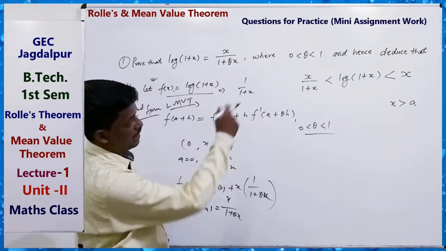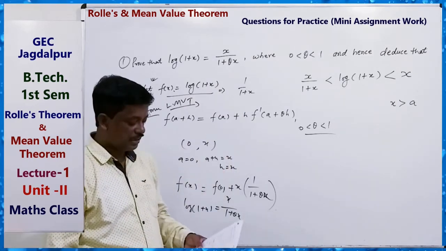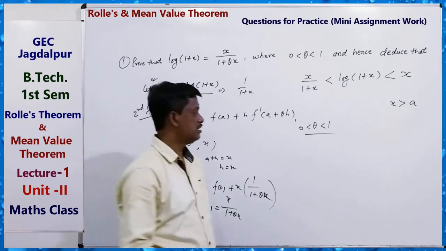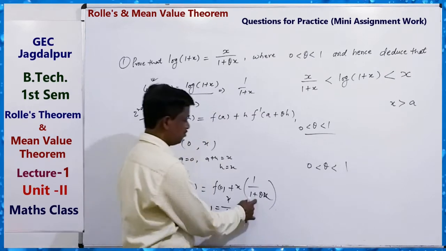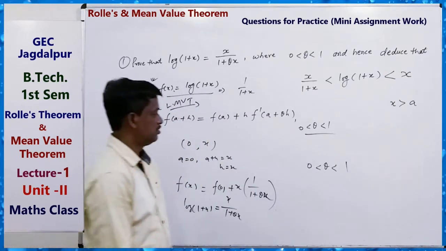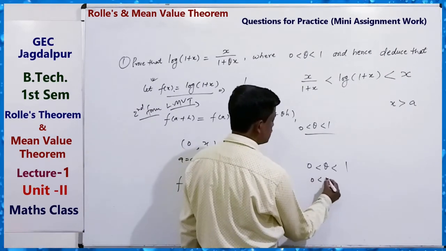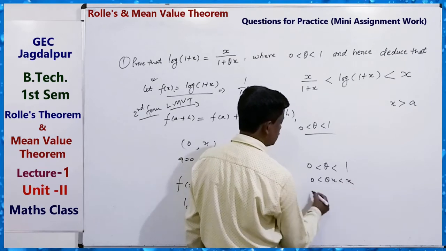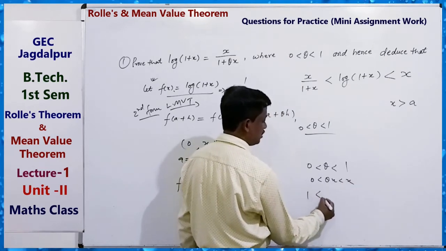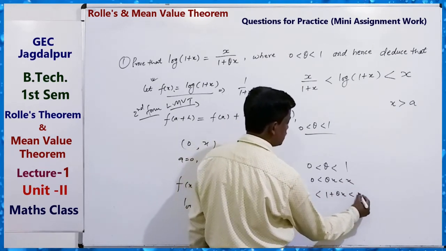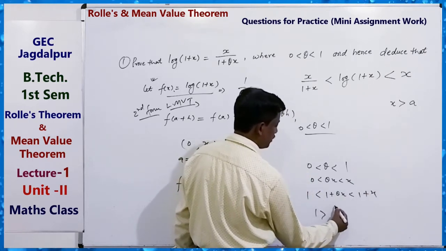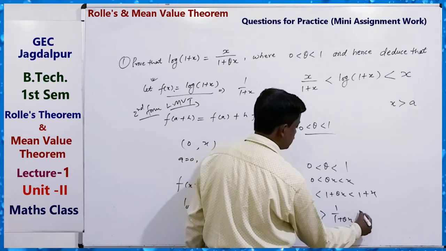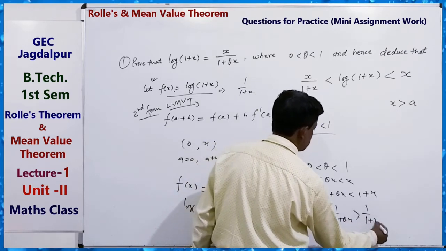And for getting the second result, you can use it like this. Theta lies between 0 and 1. Multiply by x: 0 less than theta x less than x. Add 1: 1 less than 1 plus theta x less than 1 plus x. Just invert it: 1 greater than 1 upon 1 plus theta x greater than 1 upon 1 plus x.